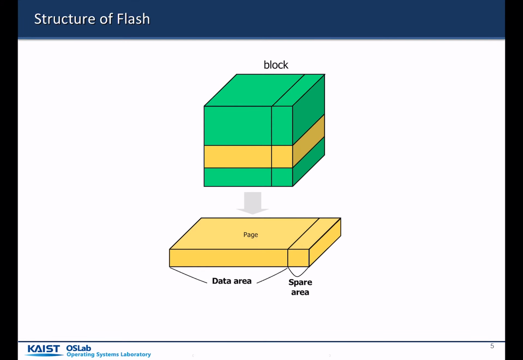This is the structure of flash. There are 2 important concepts in the structure of flash. The first one is block, and the second one is page. A block is the unit of erase, and a page is the unit of read and write.